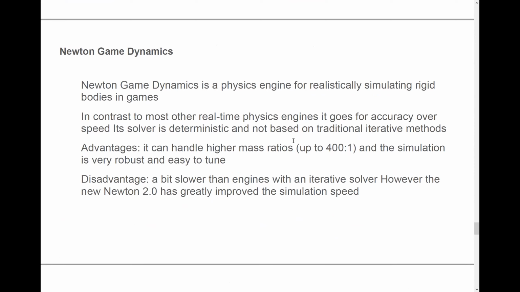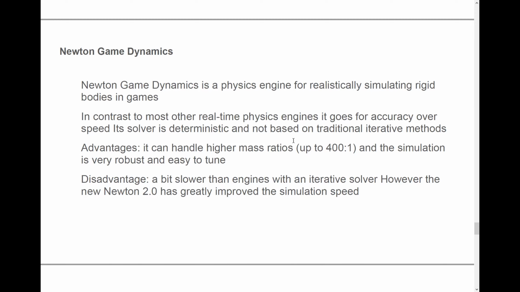Okay, so Newton Game Dynamics is a physics engine for realistically simulating rigid bodies in games. In contrast to other physics engines, Newton Game Dynamics goes for accuracy over speed.